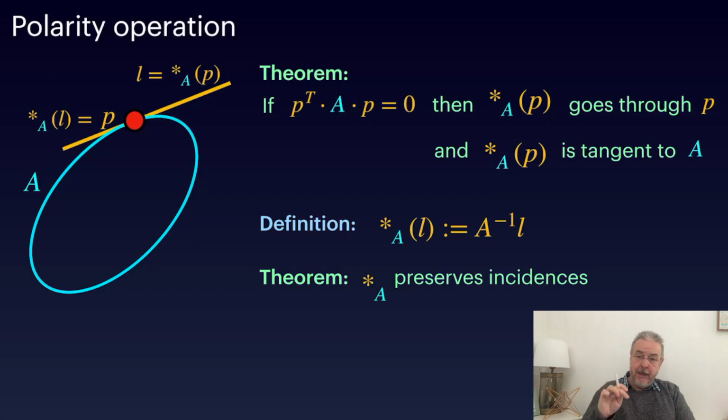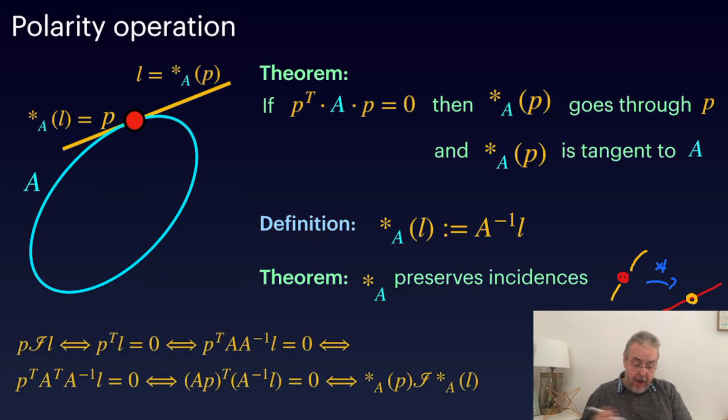So if a point and a line were incident before the mapping, so assume you have a point and a line through that, and then you make a polarity mapping, then the point turns into a line and the line turns into a point, but incidences are indeed preserved. And this is a pretty simple calculation. So assume that a point is incident to a line, then we can rewrite this as the point transposed times the line equals 0.